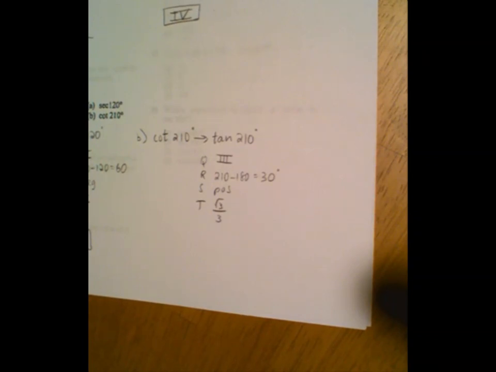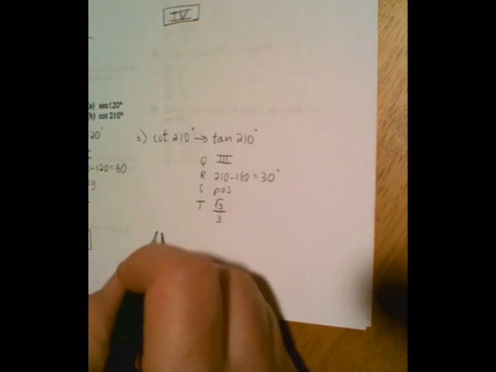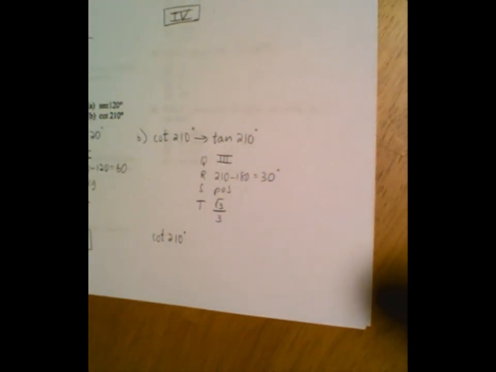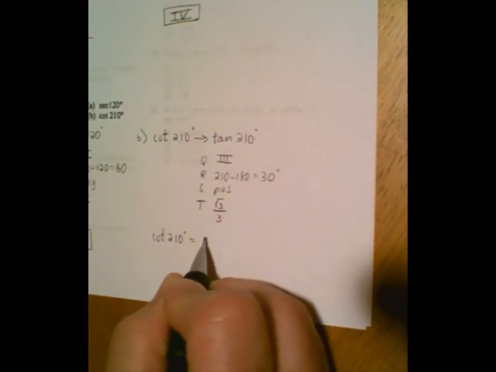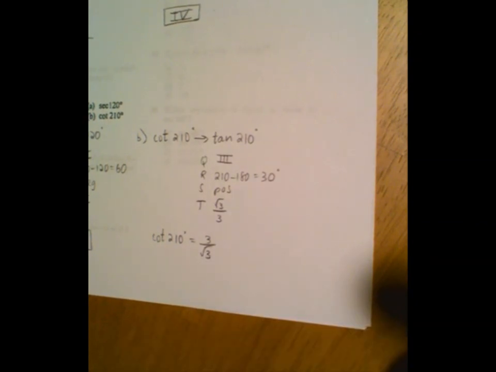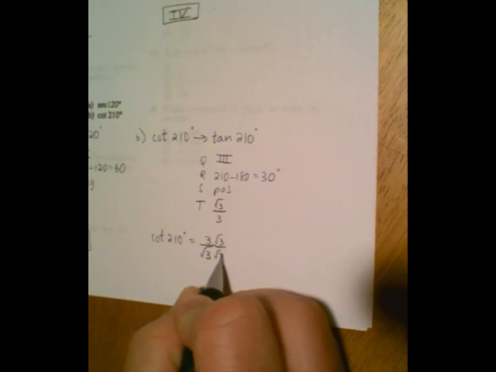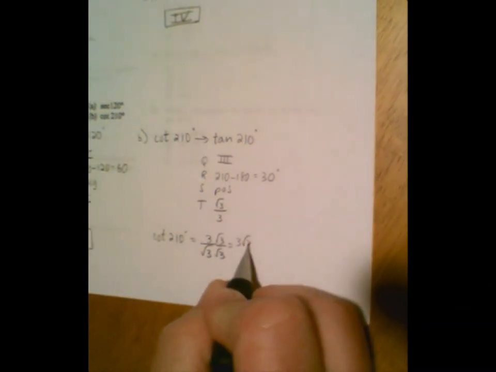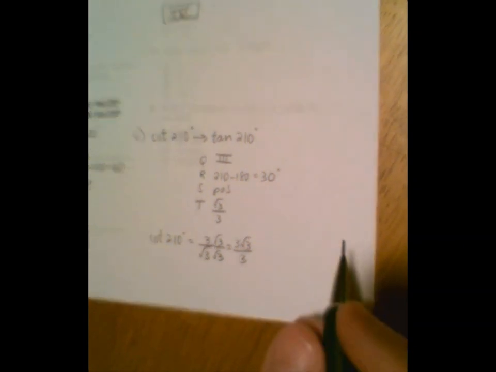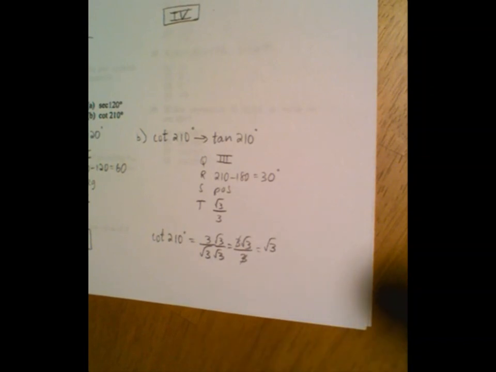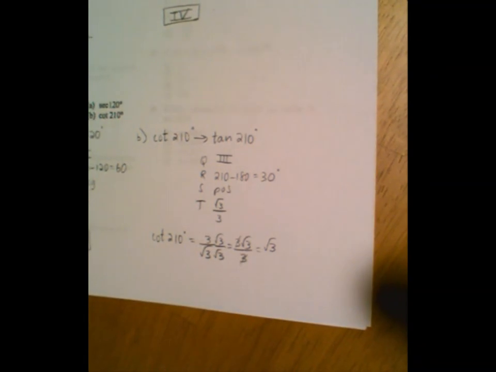So now cotangent of 210 degrees is equal to the reciprocal of that, which is 3 over the square root of 3. If I don't want a radical in the denominator, I multiply by radical 3 over radical 3. I get 3 radical 3 over 3. The 3's cancel, and I'm left with the square root of 3. So the cotangent of 210 is actually the square root of 3.